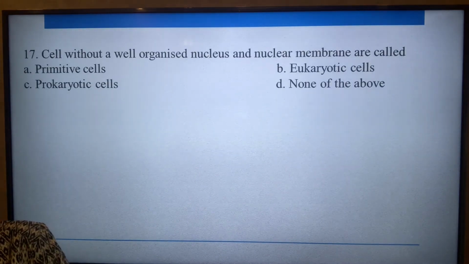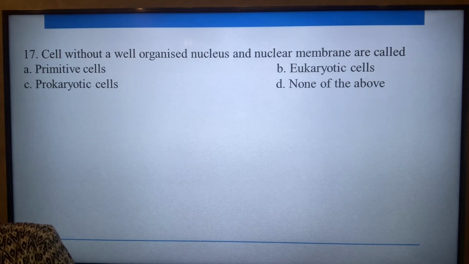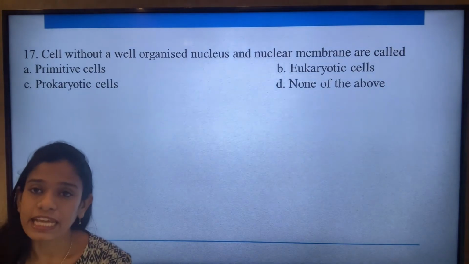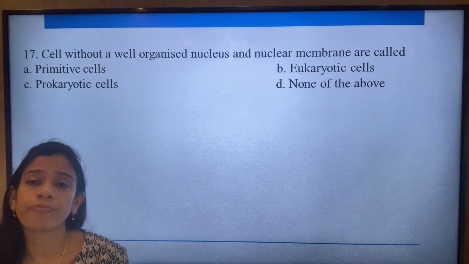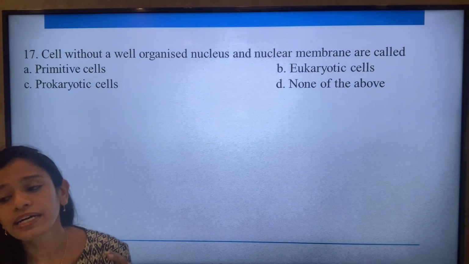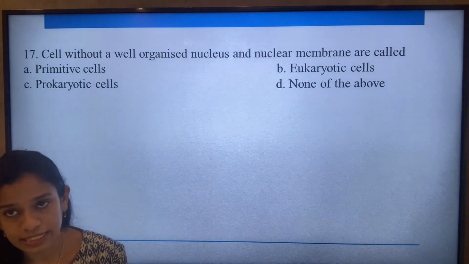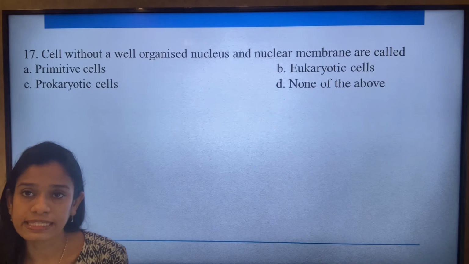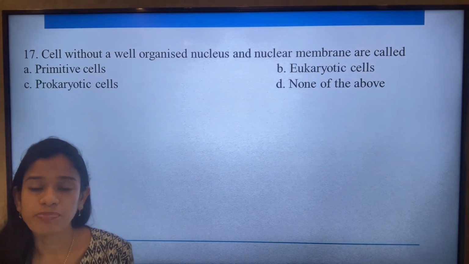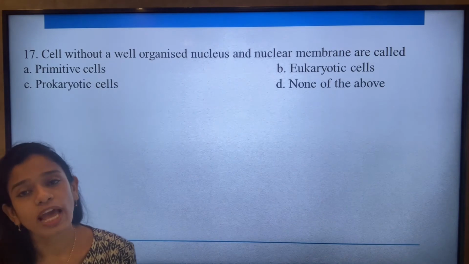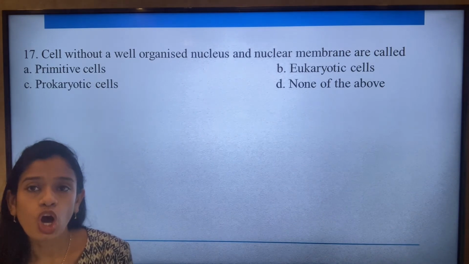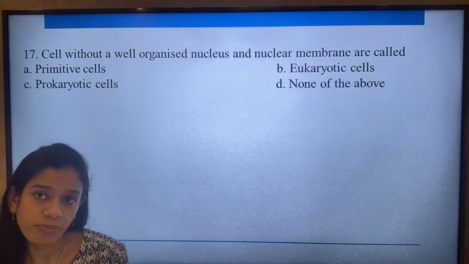A cell without a well organized nucleus and nuclear membrane is called. If a cell does not have a proper organized nuclear membrane and a nucleus, it is a prokaryotic cell. A prokaryotic cell is a primitive type of cell which does not have a well-defined nucleus or well-defined nuclear membrane.